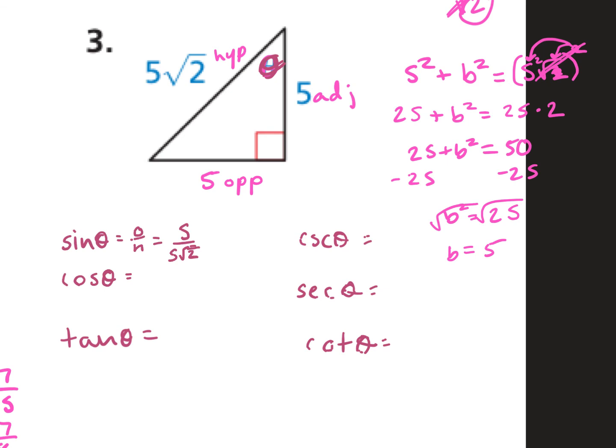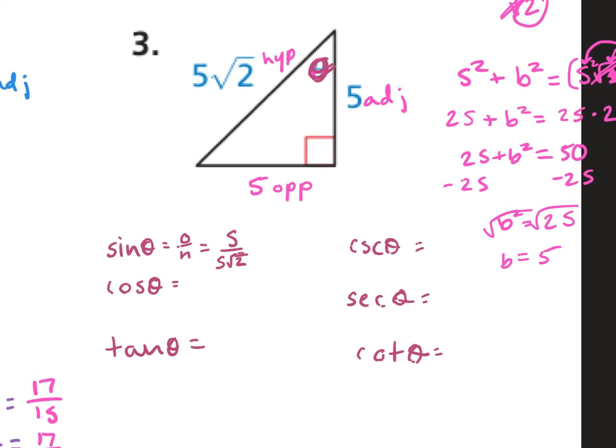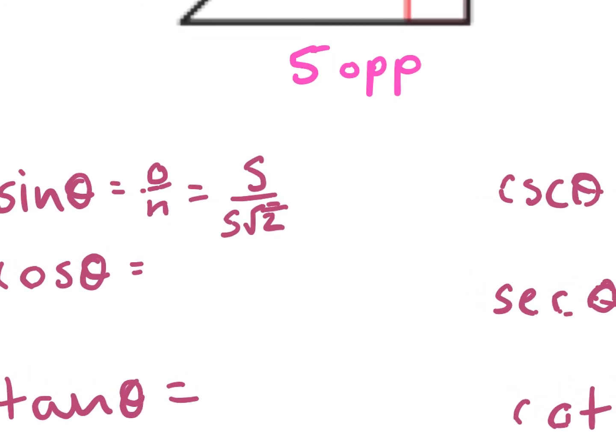We can't leave it like this. So can we simplify 5 over 5 square root 2? The 5's cancel. Actually, Lexi, you're on a roll today. 5's cancel. So we have 1 over square root 2.